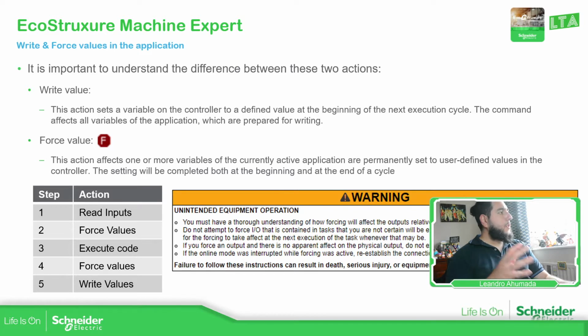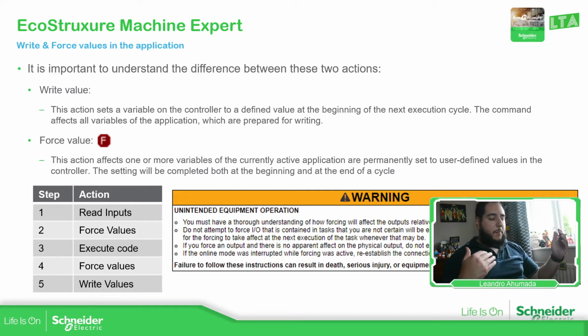The main difference between write value and force value is how the system writes this value on the controller. The write value just writes the value that you want in one cycle of the controller. The force value writes in every cycle of the controller. Imagine that you are making a comparison or doing something in the logic.